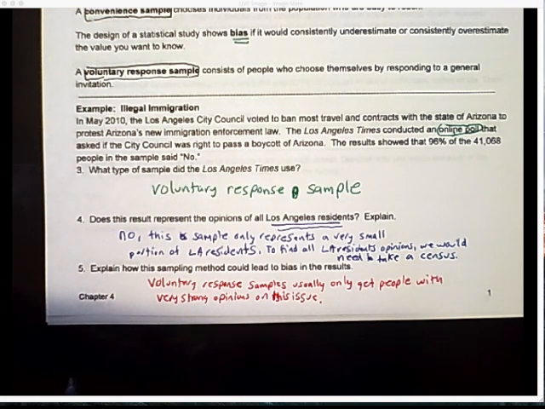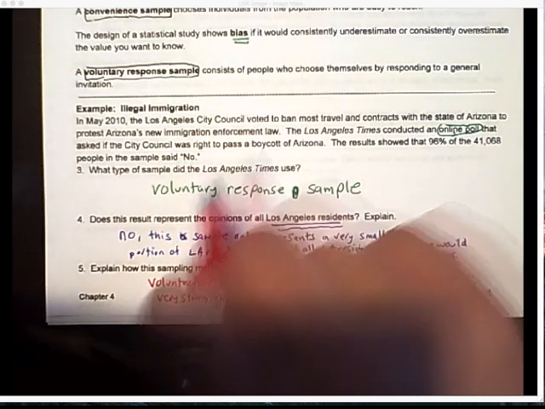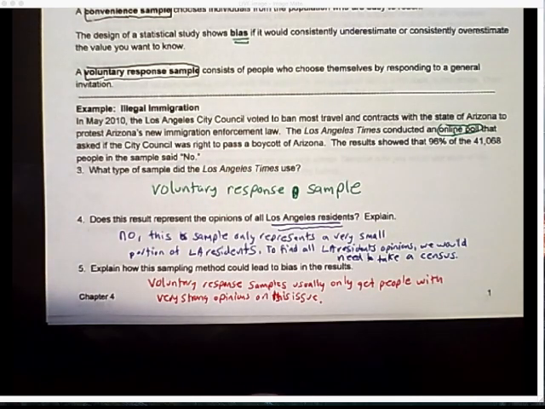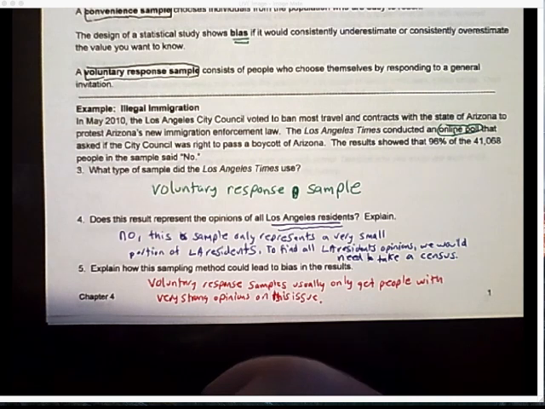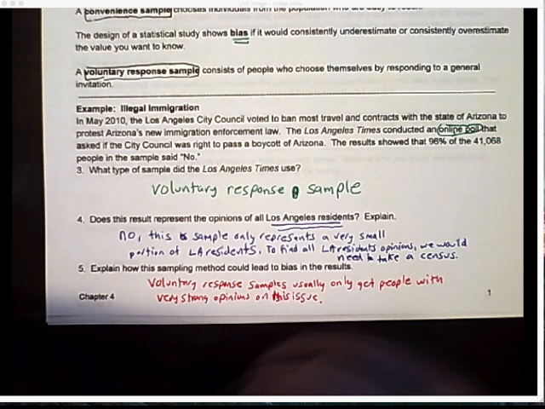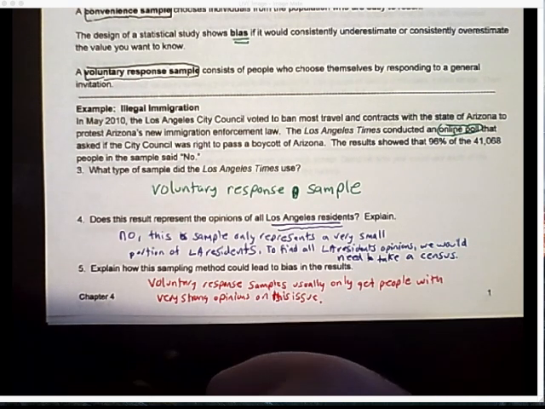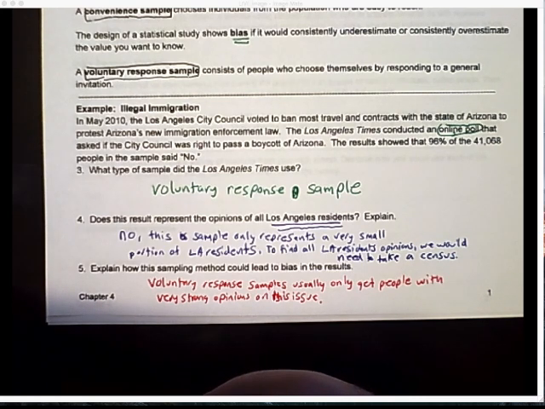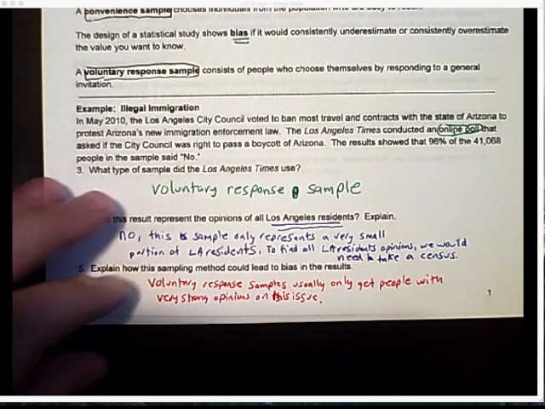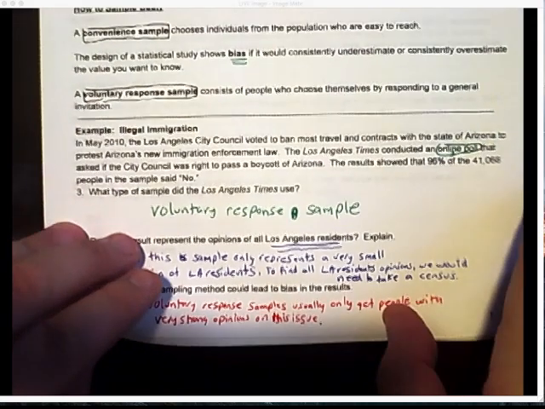The people saying that think that LA should just continue to do business with Arizona despite their immigration enforcement law. It could lead to bias because we only have people that have very strong opinions on this issue, and that's true for most voluntary response samples.